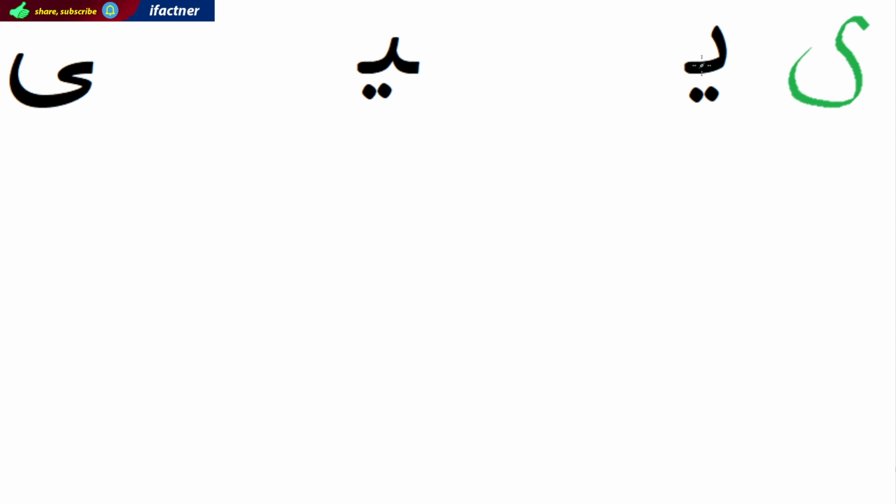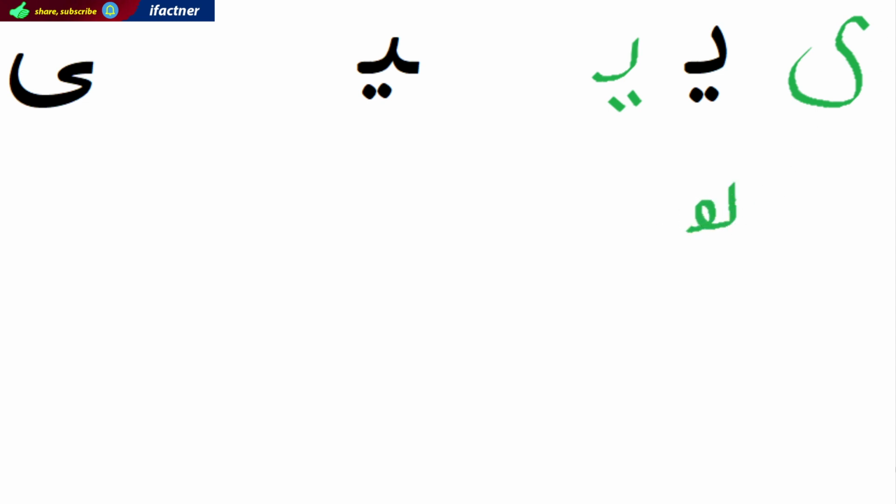When Chotiya appears at the beginning of the word, then we just write it like Be, Pe, Te, etc. and then add two dots under it. For example, we have a word called Yaqeen. Yaqeen means to believe or to be sure.